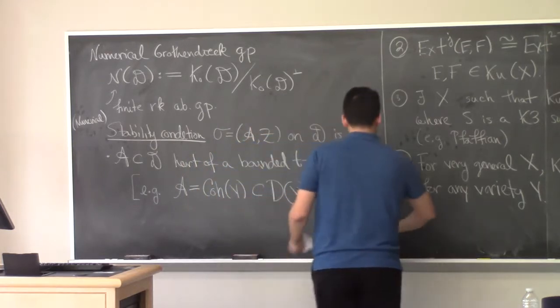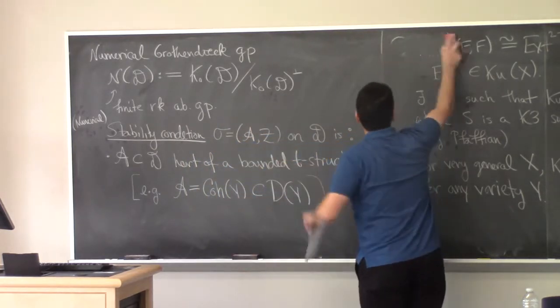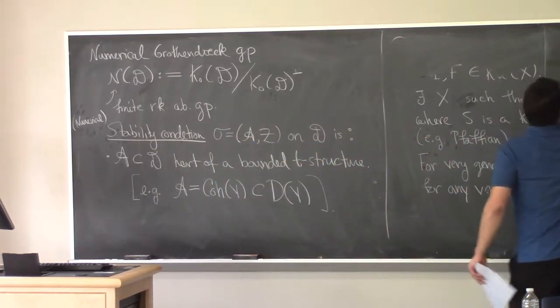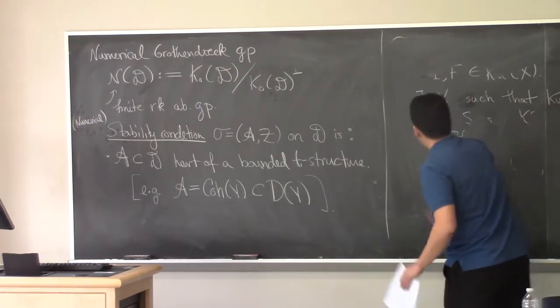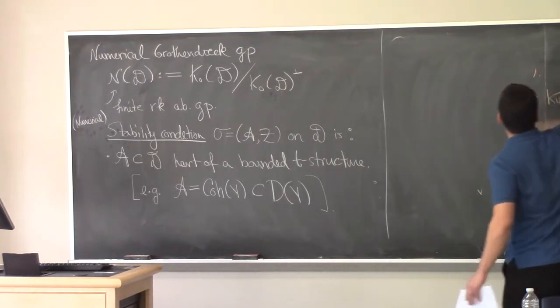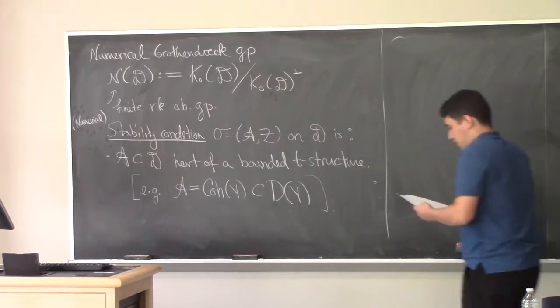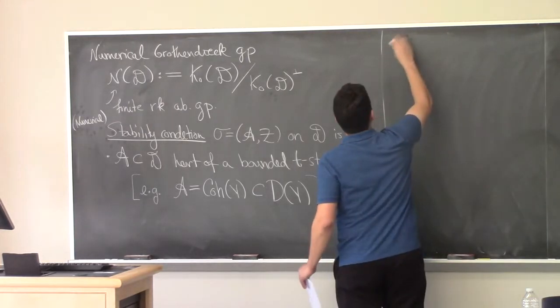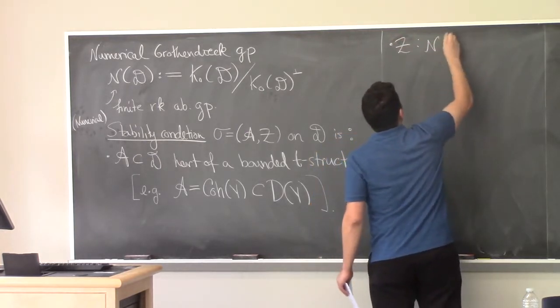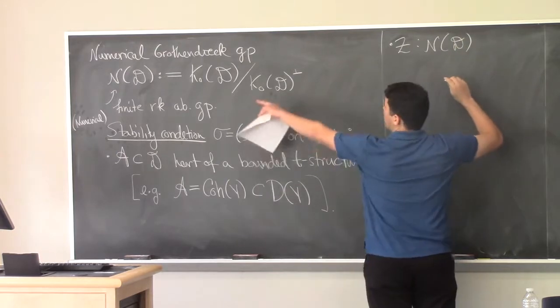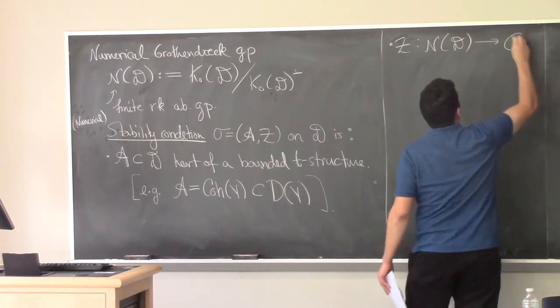And the second thing that you need is this thing I call Z. So here, Z is a homomorphism from this numerical Grothendieck group to the complex numbers.